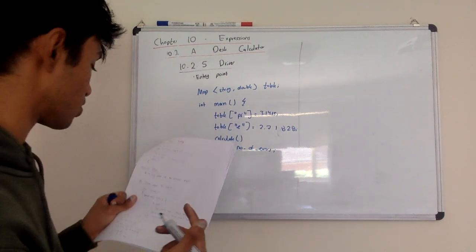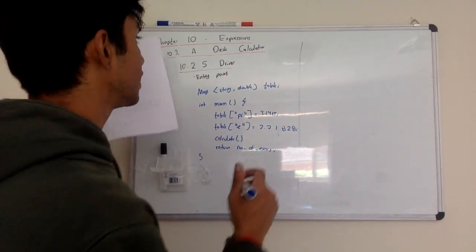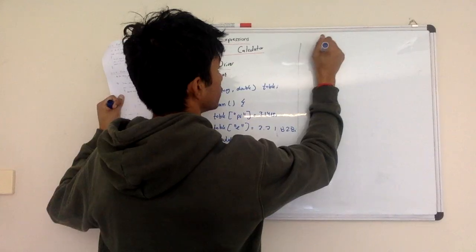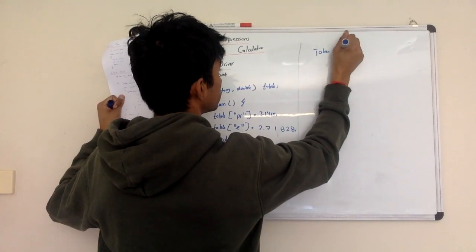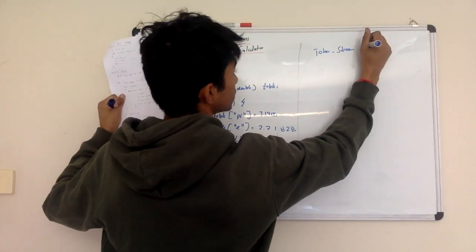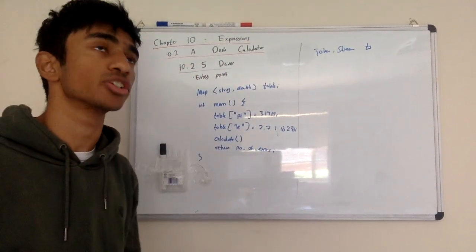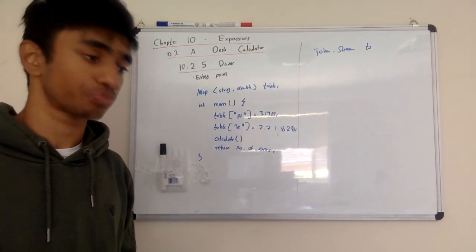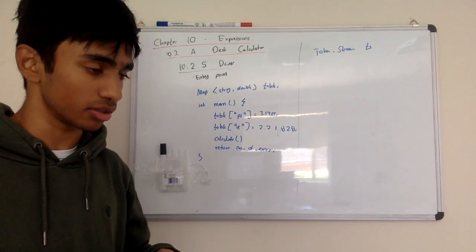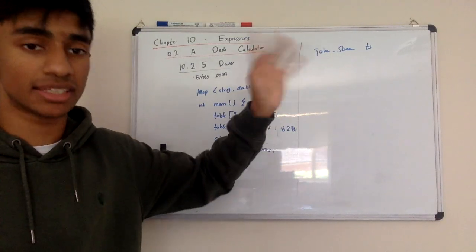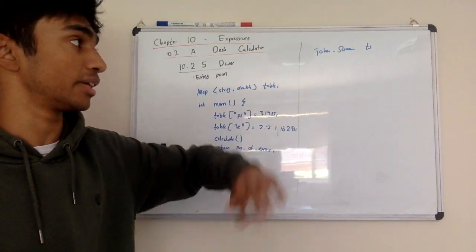And the calculate function, first things first, right before the calculate function, we have token stream ts. Remember in the prim, expression, and term functions, we kept talking about ts.current, ts.get, whatever.